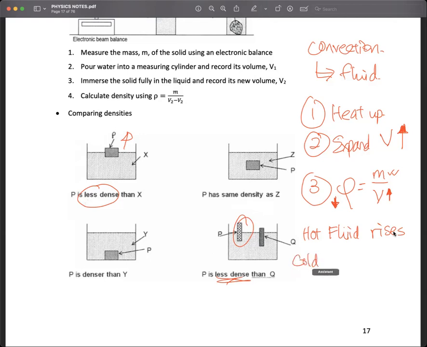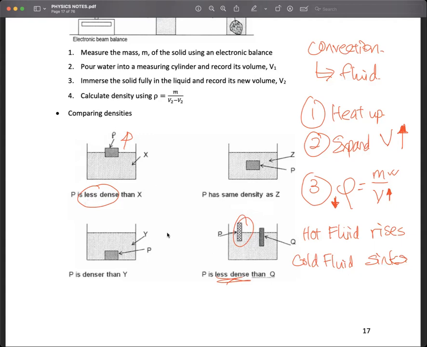The cold fluid will sink. Is that clear? So it's like we learned before, hot air rises, cold air sinks. That's the reason why. Because when your volume changes, your density will change. And when your density changes, if it's less dense, it will rise.